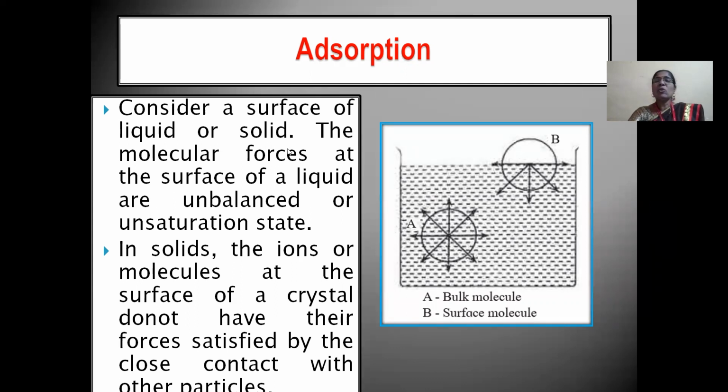Here we can consider a solid as well as a liquid. Consider a surface of a liquid or solid. The molecular forces at the surface of a liquid are unbalanced or in an unsaturated state. Similarly in solids, the ions or molecules at the surface of a crystal do not have their forces satisfied by close contact with other particles.